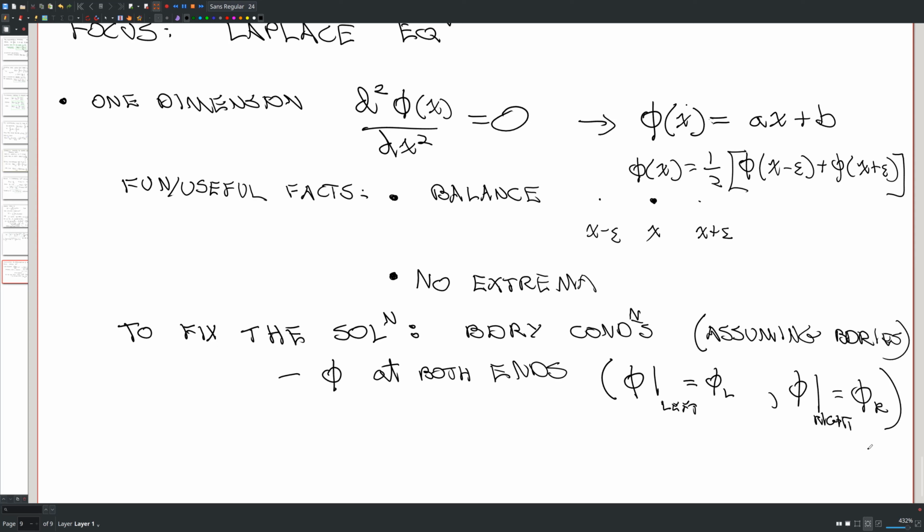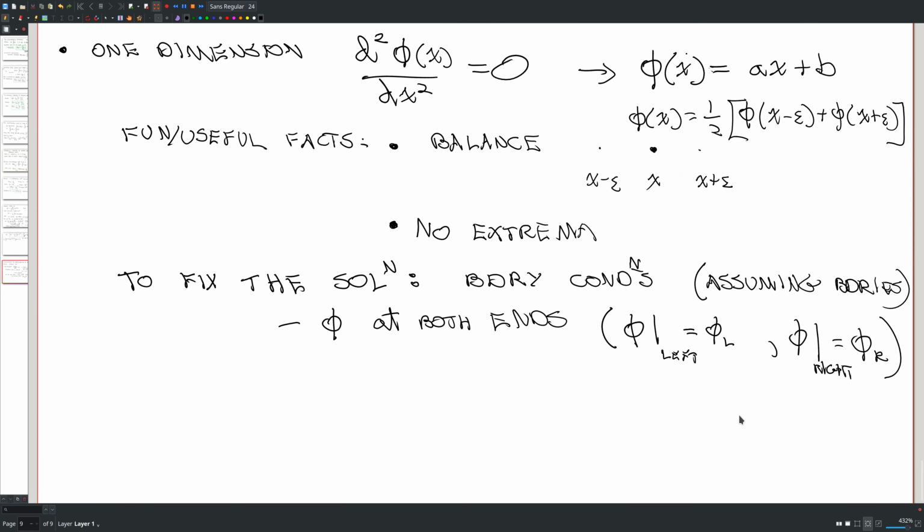It's manifestly clear that whatever numbers you give me are guaranteed to give me a unique solution. There's only one choice of A and B that gives me the phi here. And therefore, under those circumstances, the solution to the Laplace equation in one dimension exists and is unique. Existence is manifest, uniqueness is guaranteed.